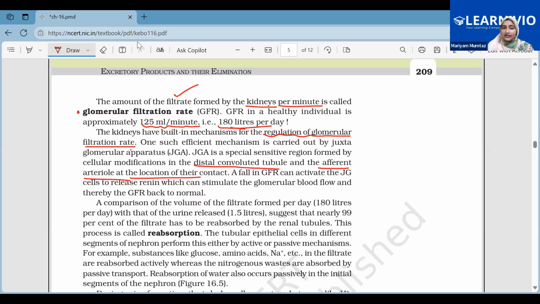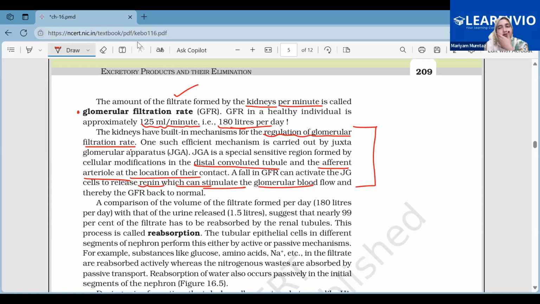As a result, they release renin, which stimulates an increase in the GFR and takes it back to the normal level. Clear? This is the body's natural mechanism. We don't have to tell our body to do so; the amount of GFR formed every day will ask it to do so. Clear, students?